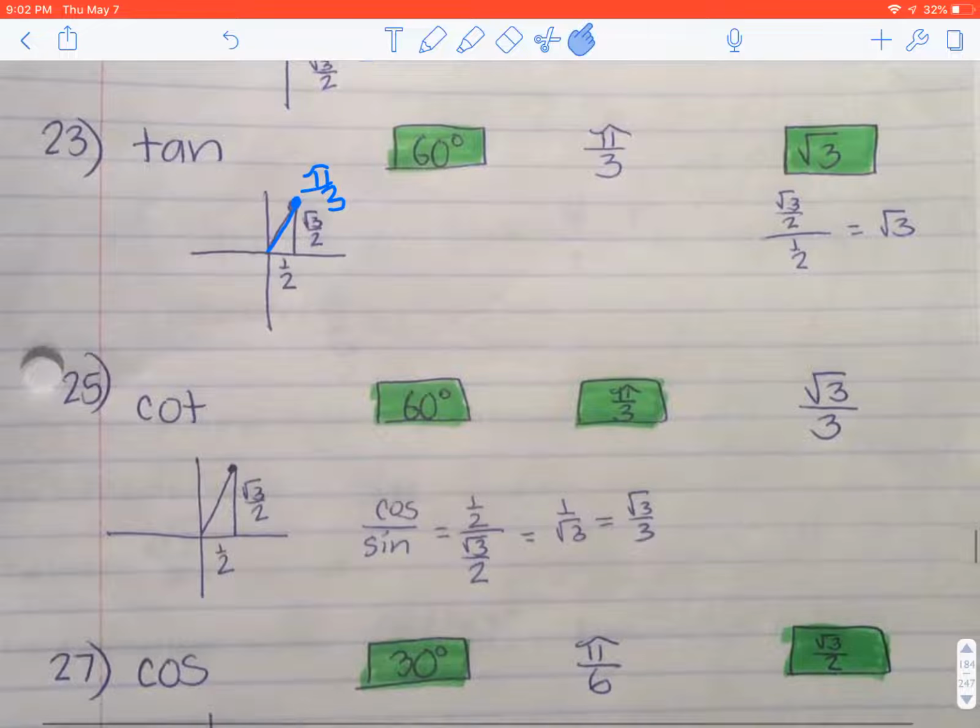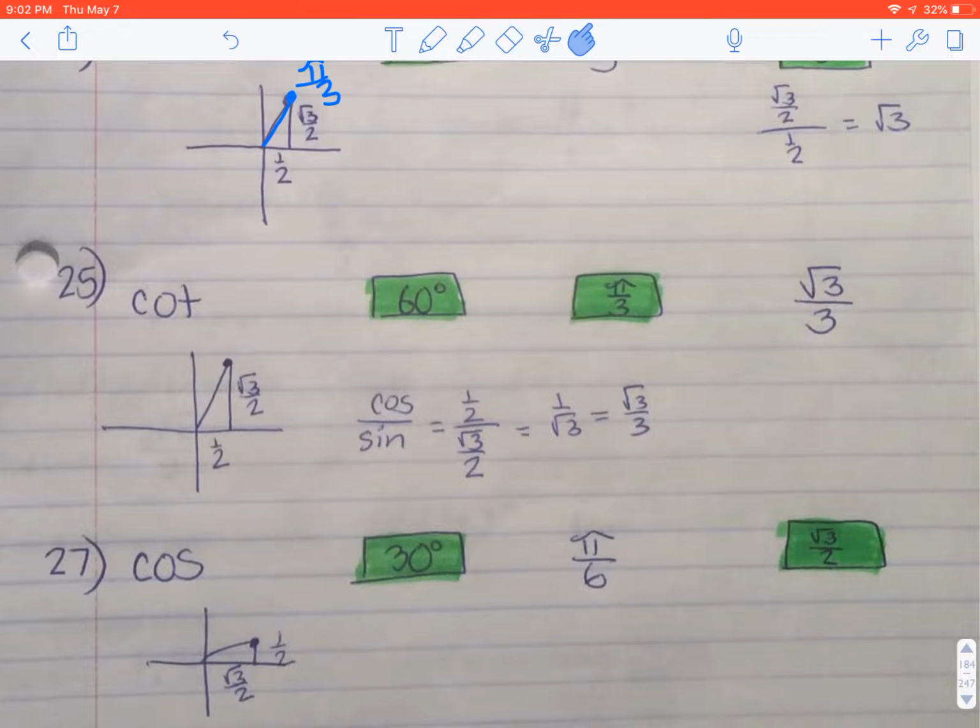Number 25, they gave us cotangent and they gave us square root 3 over 3. So we first need to figure out where this is going to be. It's going to be right here, which is pi over 3, because the only way that you're going to get square root 3 over 3 is if you take 1/2 over square root 3 over 2.